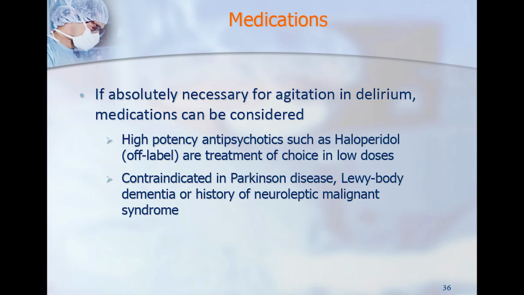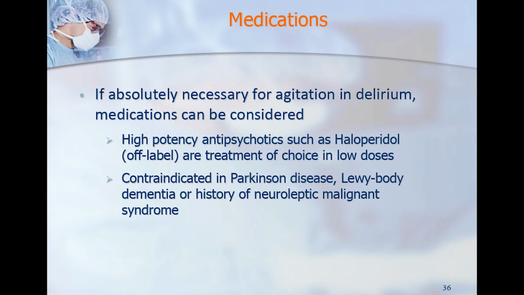So if absolutely necessary, remember physical agitation, removing the tubes, spitting out the medication, this is the time for medication. So what is the drug of choice? High potency antipsychotics such as haloperidol.